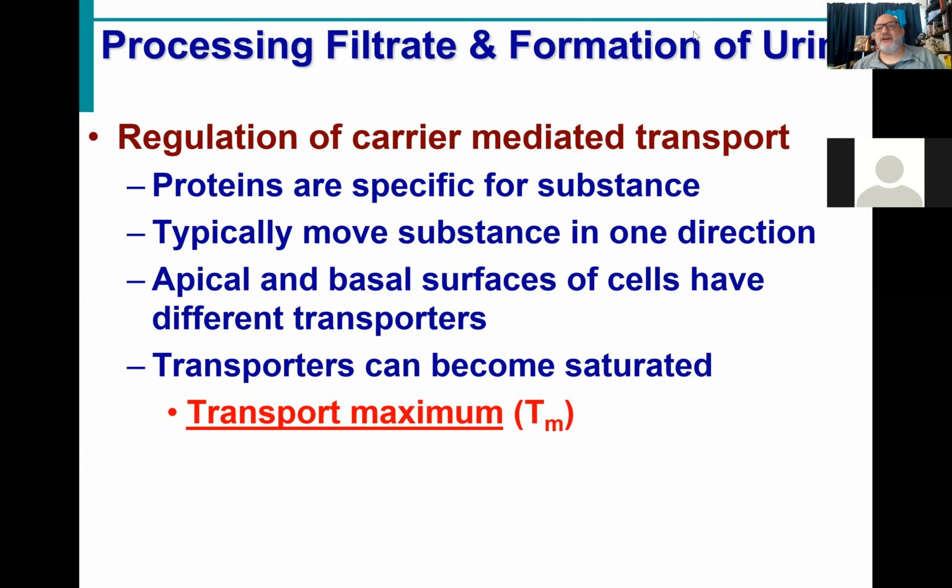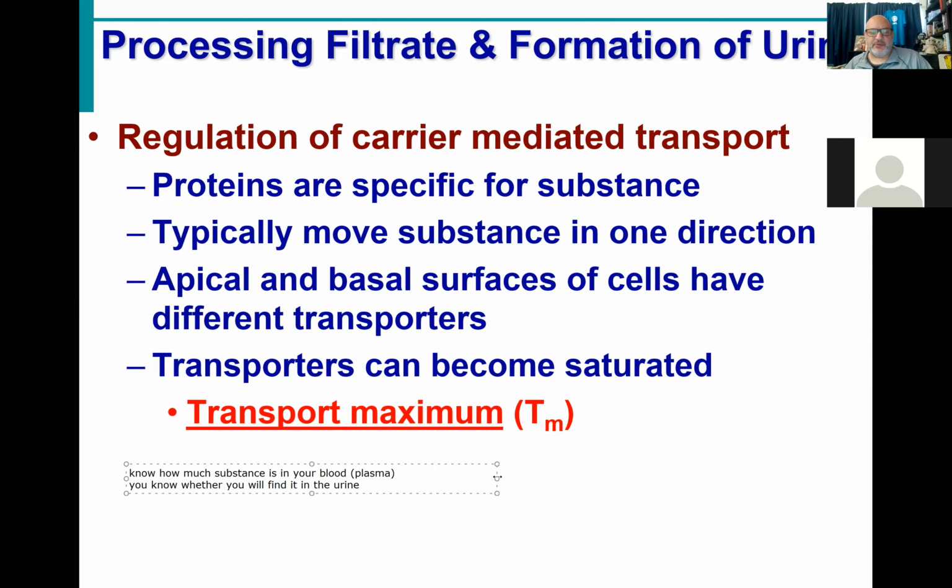The nice thing about a transport maximum is if you know how much of a substance is in your blood, or really the plasma, and you know the transport maximum, you will know whether you will find it in the urine.